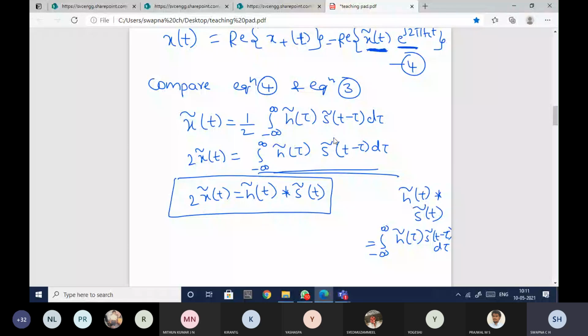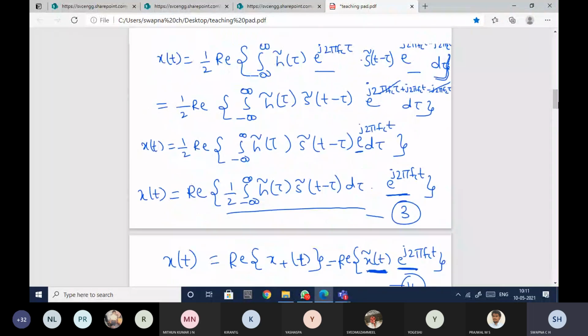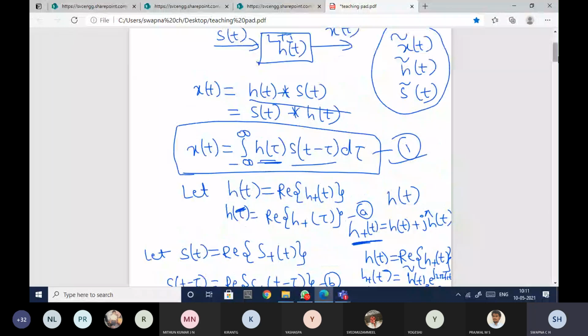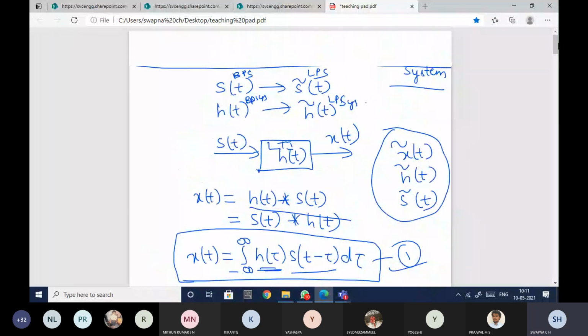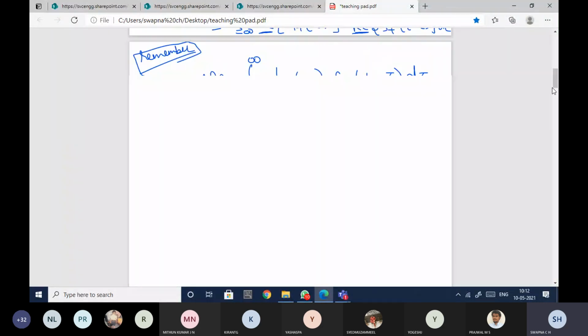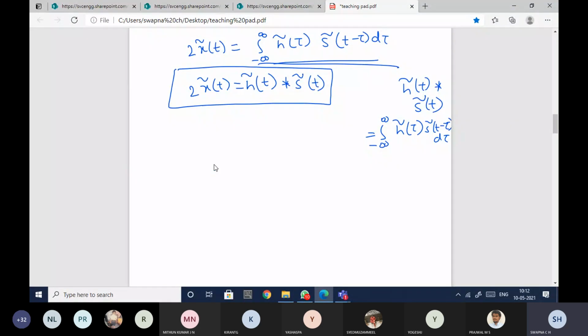Whenever they ask you to write the time domain approach, under the subheading complex representation of bandpass signals and systems, which is very important, you need to write all this. The same thing I can represent as a block diagram: s tilde of t is the input and h tilde of t is the system function.